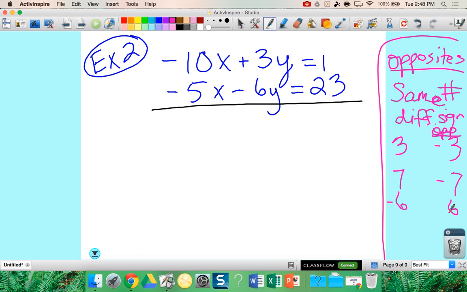Your 5 would have to become 10. Negative 10 or positive 10? Negative, no, positive. Positive, because we have a negative 10 here. Negative 10 plus 10 is 0.